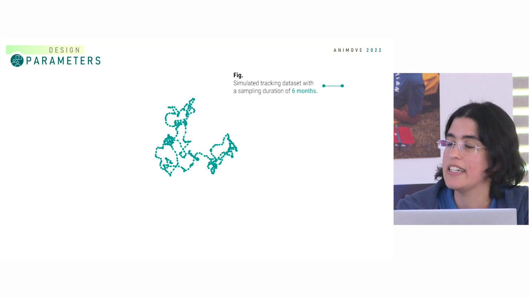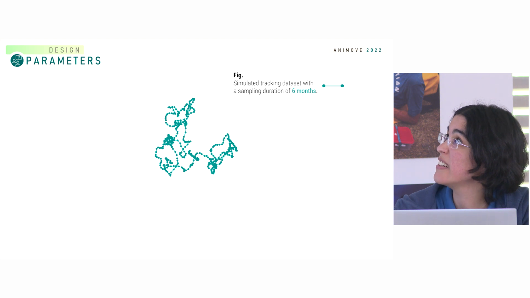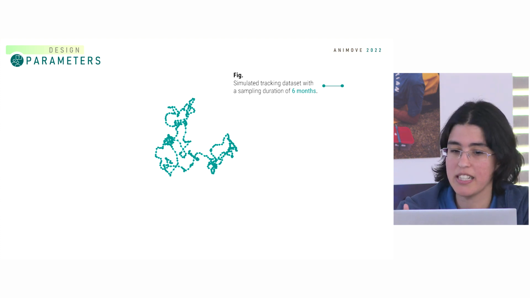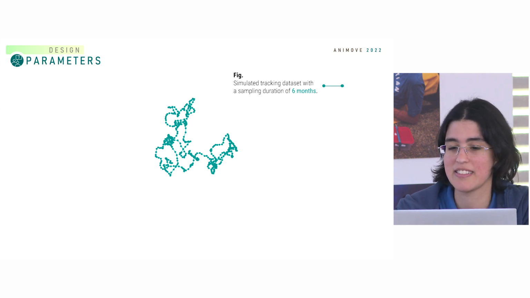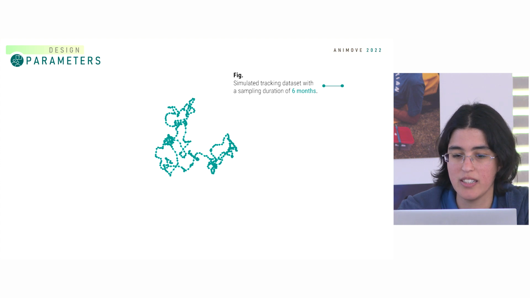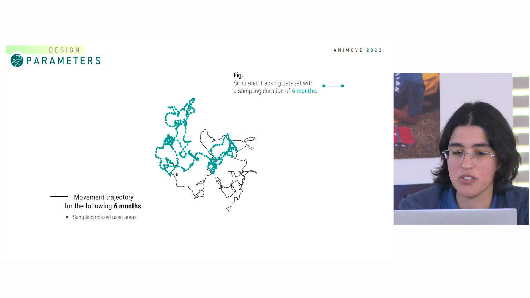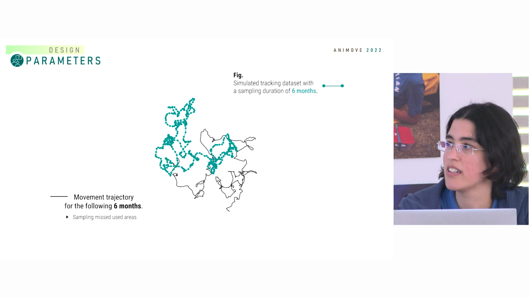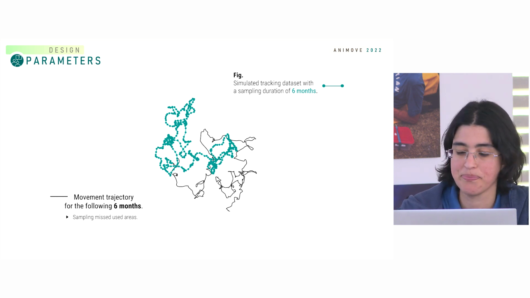And again, on the other side, if you're tracking a data set for 6 months and you're like, okay, this is what I have funding for, or I need to leave my study site for some reason and I can't collect anymore, is this enough for my data? Because you could have the case that if you keep tracking it for longer, the animal would go further in space, and that would influence what you have.